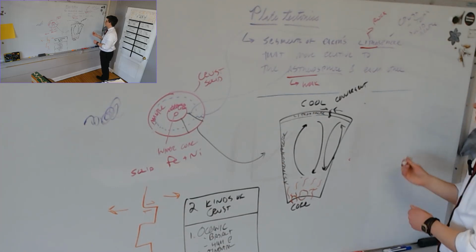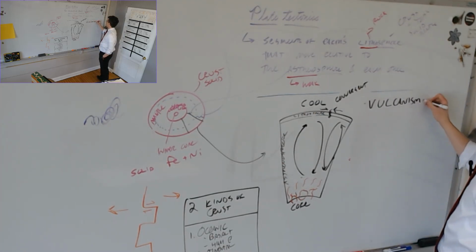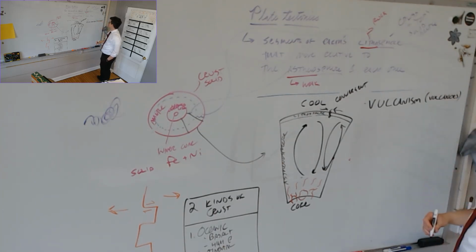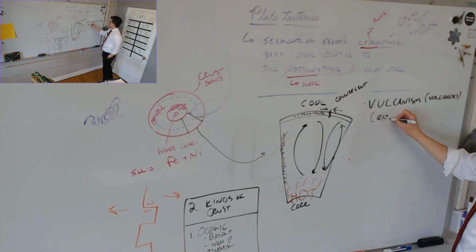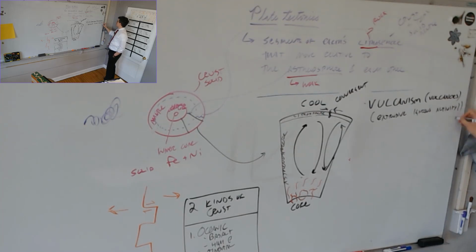Extrusive igneous activity, also called vulcanism. Why extrusive? Why igneous? Why activity? What's extrusive mean? Yeah, coming out of.